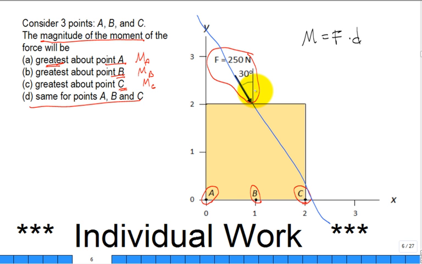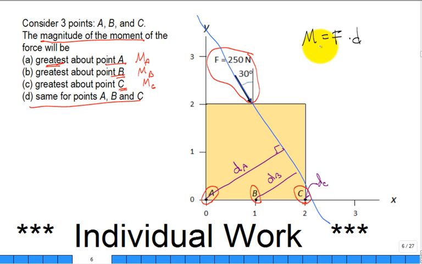No. But if I said, what is that d for point A? I'd say, oh, we just did that. That's the d for point A. Is this the d for point B? No. What is it? Looks like this. The d for point B. How about the d for point C? Is that it?